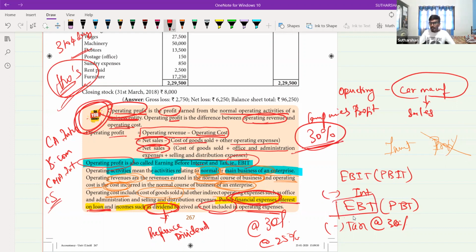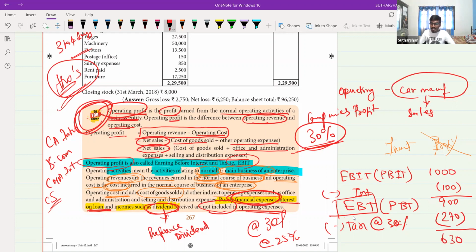30% tax. For example, I am earning 1000 rupees as profit before interest and tax. If I pay interest of 100, I am left with how much? 900. 30% of 900 is how much? 270. So 900 minus 270 is how much? 630.